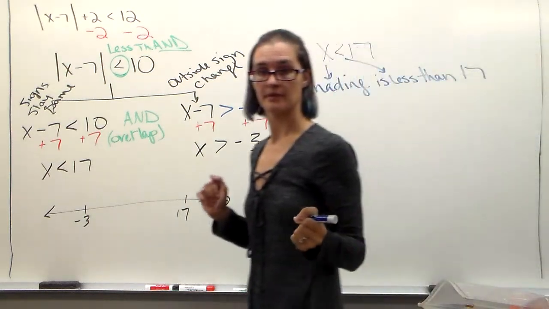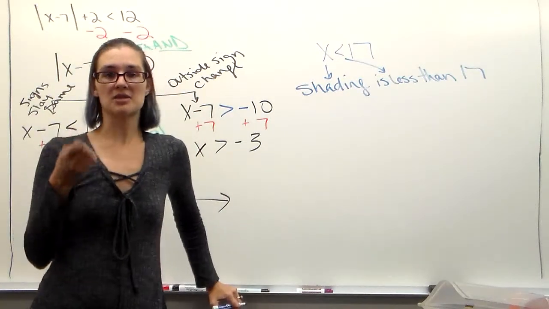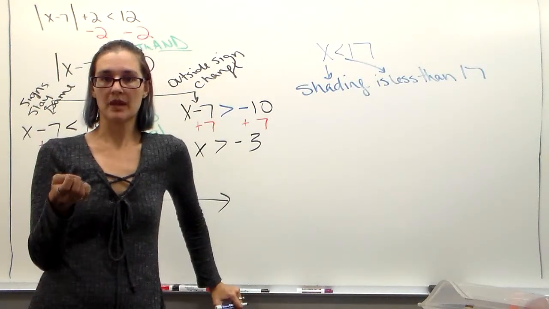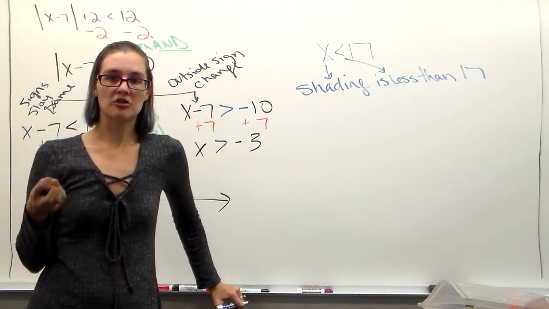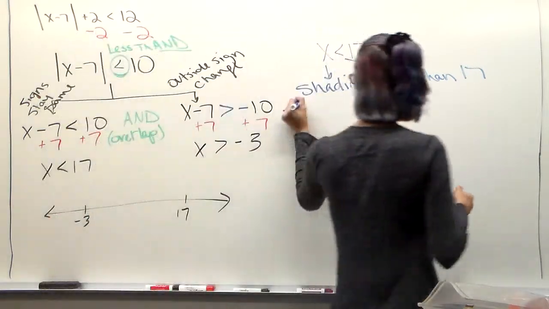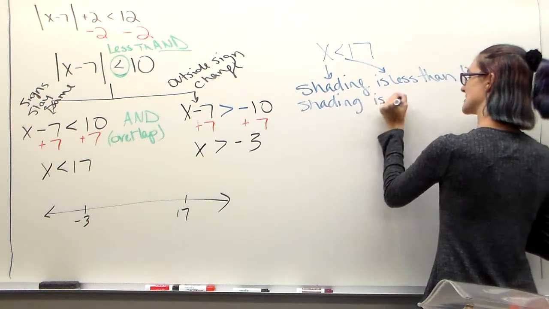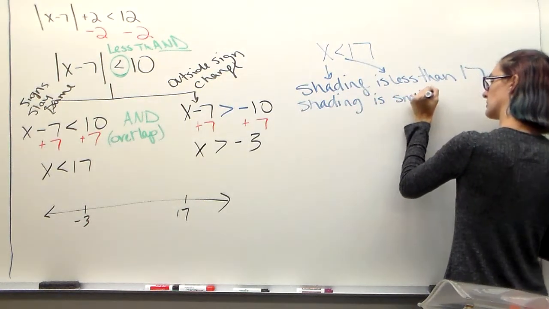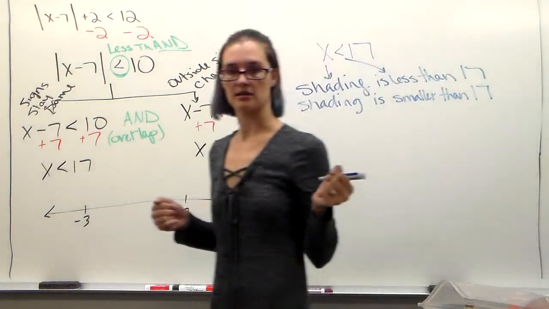17. Okay. Now if we think about this logically, if we think about this with something that makes more sense, like money. If you have less money than someone, it means you have a smaller amount of money than someone, correct? So the shading is smaller than 17.